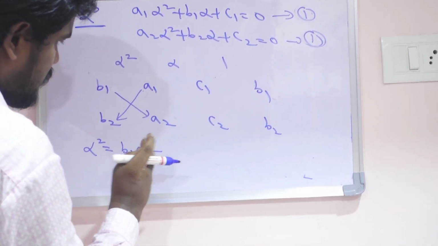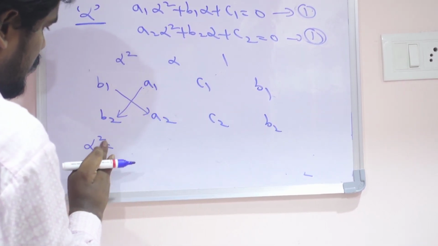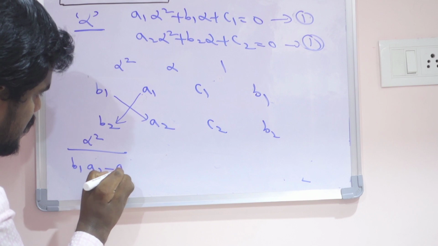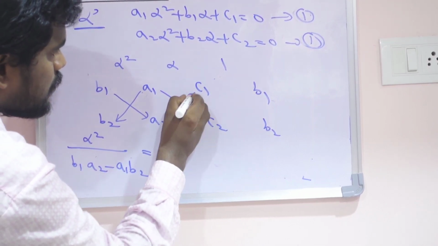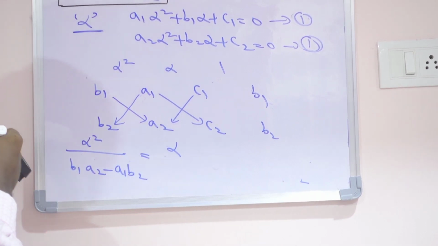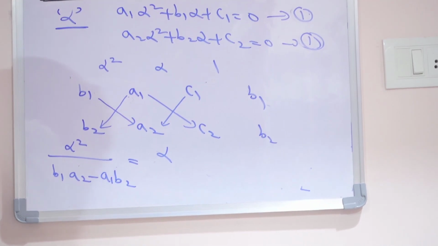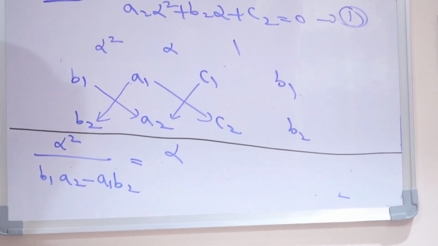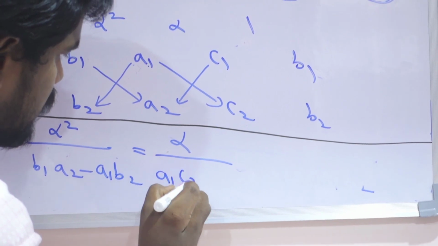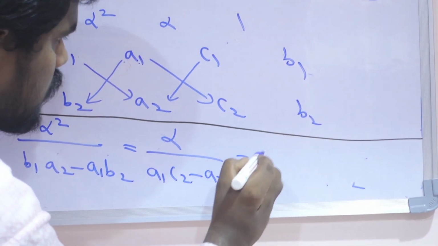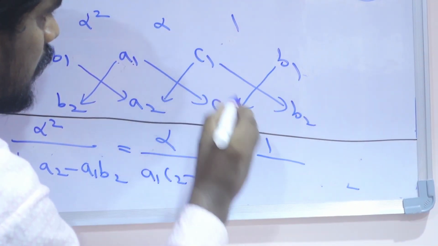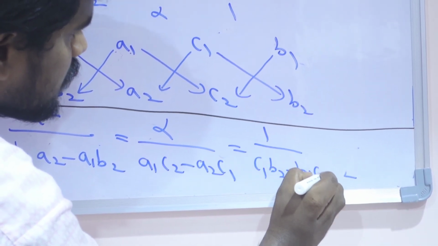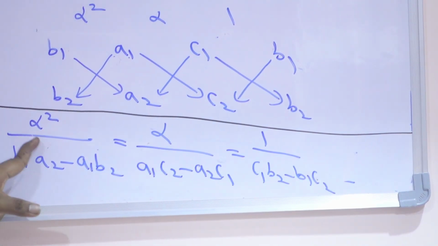Alpha square by B1 A2 minus A1 B2 is equal to alpha by A1 C2 minus A2 C1 is equal to 1 by C1 B2 minus B1 C2. So this is the alpha square value and alpha.